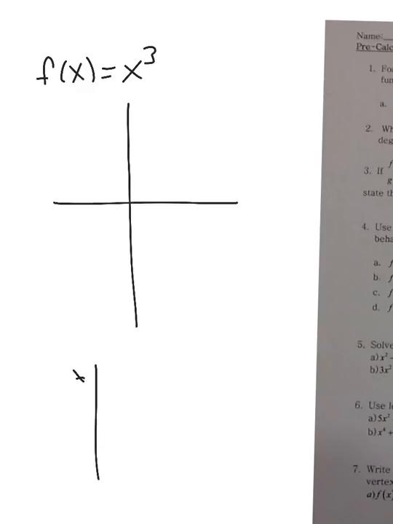Here's my table of values for x to the 3rd power. It's negative 2, negative 8, negative 1, negative 1, 0, 0, 1, 1, and 2, 8. So plot the points, and I'm just going to get some lines here.